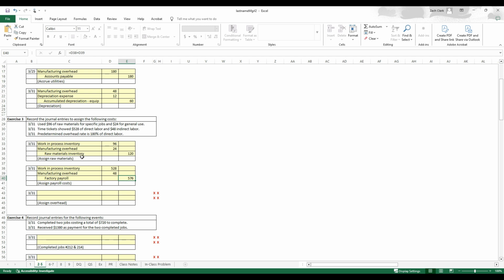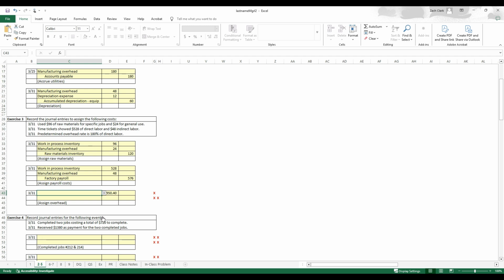And in the final problem, we want to say the predetermined overhead rate is 180% of direct labor. So if we look back and see what direct labor we had, we say, oh, okay, it was 528. We can even use a formula here in Excel. So we could select that 528, times it by 1.8, 180% essentially.